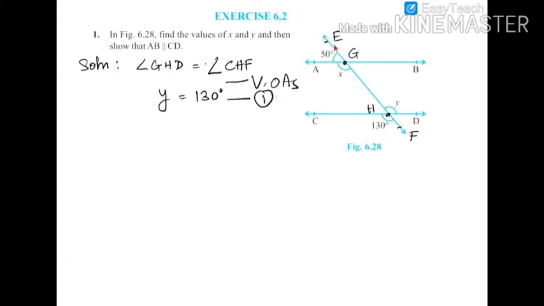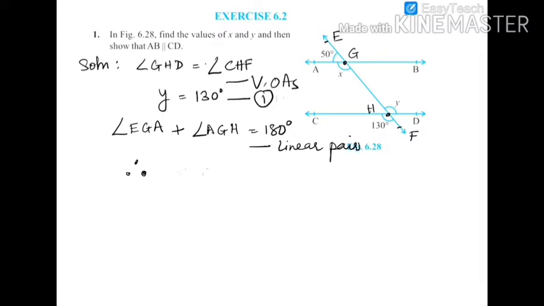From the figure, angle EGA and AGH form linear pair. So, these two angles will sum up to 180. Therefore, 50 degrees plus angle x is equal to 180 degrees.